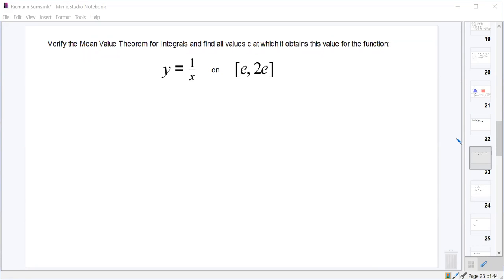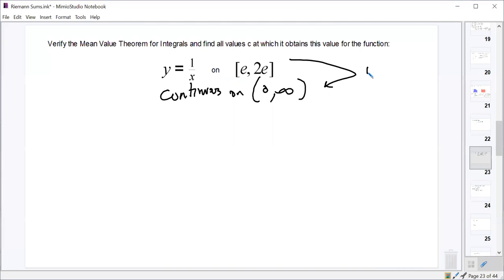So in order to find the average value of 1 over x on the interval from e to 2e, first off, we want to note that this is a continuous function. This is continuous on 0 to infinity, which e to 2e is included in.